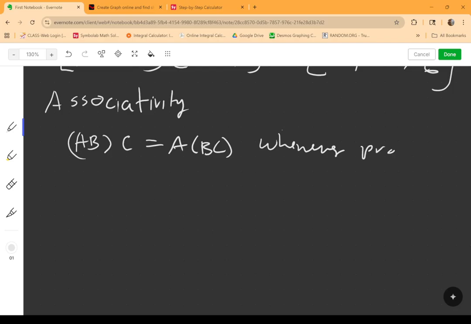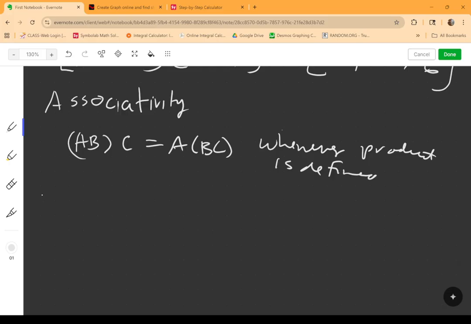As long as the products are defined, then this will be true: AB times C is equal to A times BC, whenever sizes are compatible, whenever the product is defined.